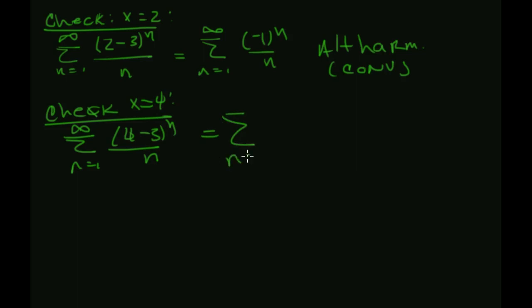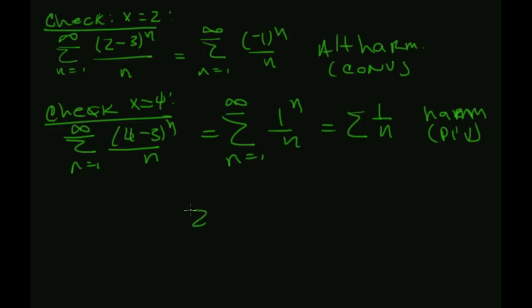That's the series of 1 to the n over n, which is 1 over n. That's the harmonic series. That one is going to diverge. So this means that 2 is in the interval of convergence, but 4 is not.